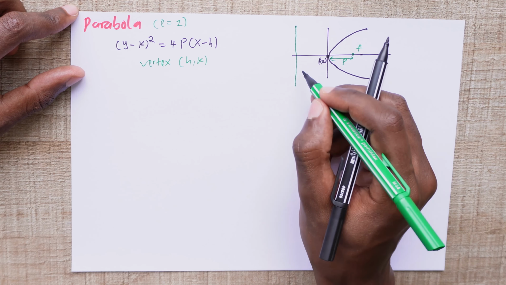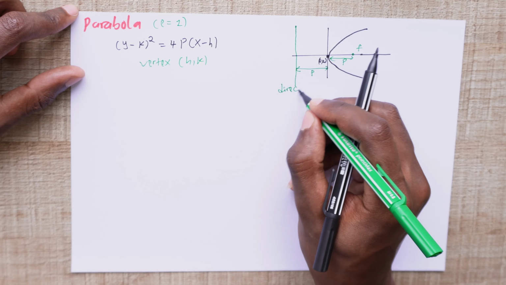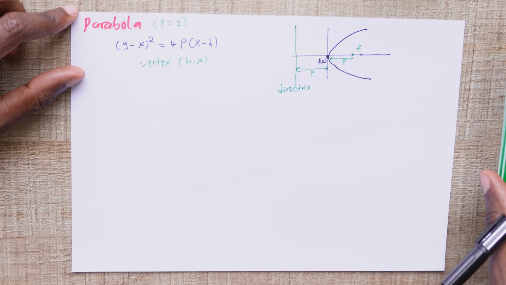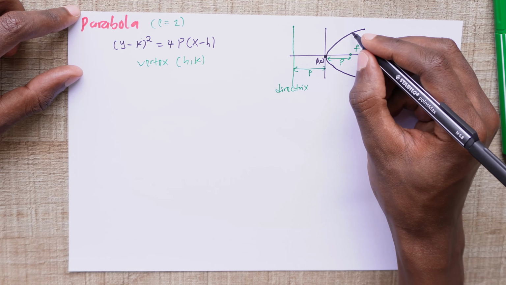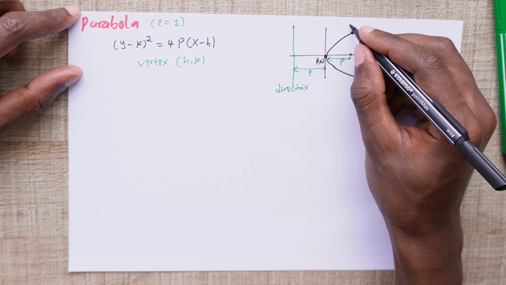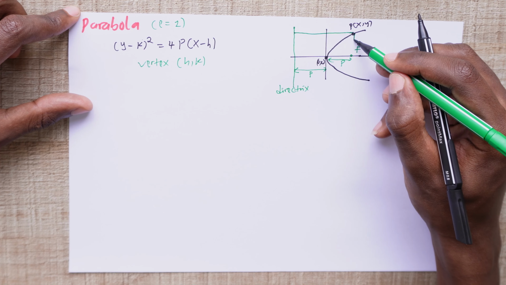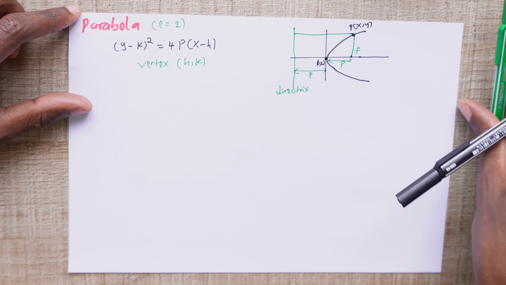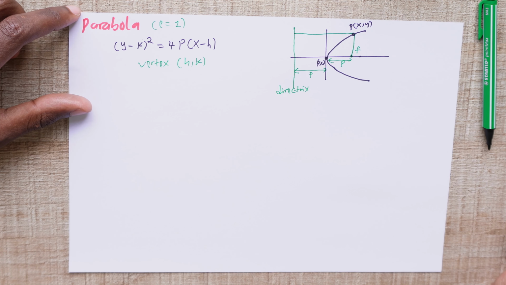So this distance is also p, and that line is the directrix. As such, if you have any points on the surface of the parabola, then the ratio of the distance from this line, so this distance to this, is 1 in this case.